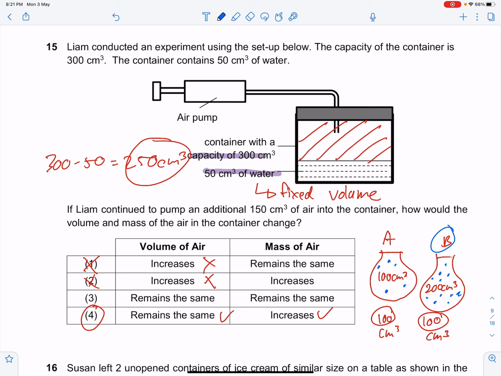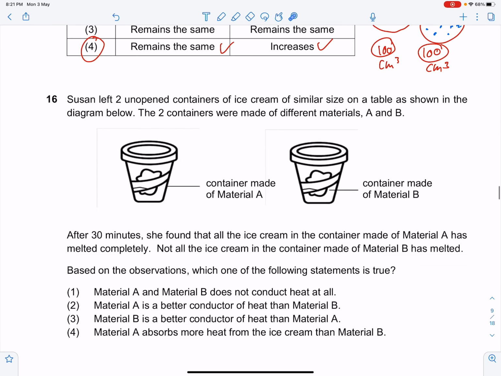For B and A, though they occupy the same volume, which is 100 cm cube, eventually B is going to have a higher mass because there's just more air making up the inside of this container. All right, moving on.